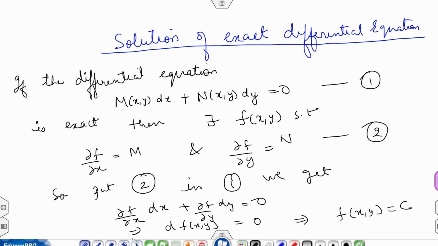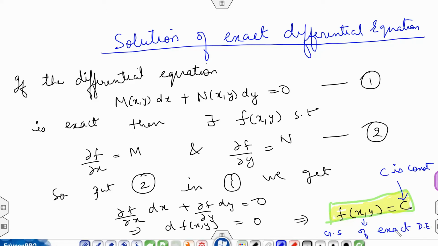So this will be the general solution of the exact differential equation. Here c is any constant, and this is the general solution of the exact differential equation.